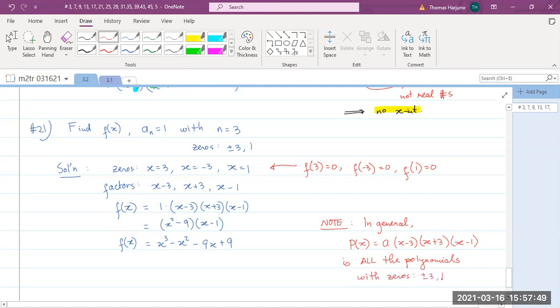Okay, now in this case, they insist the leading coefficient has to be 1. That's why the polynomial becomes unique. But giving us the zeros only does not give us a unique polynomial. Okay, you have the leading coefficient to play with.